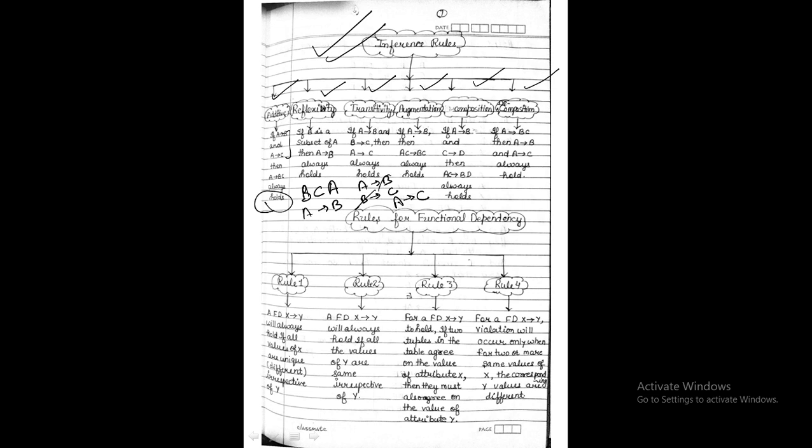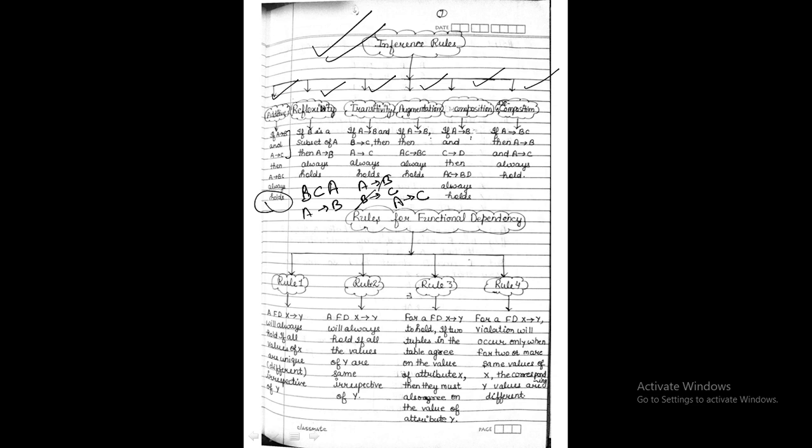Augmentation means if we say that A implies B, and we add one attribute C, that attribute will be added on both sides, left side and right side. Then we can say that AC implies BC always holds.